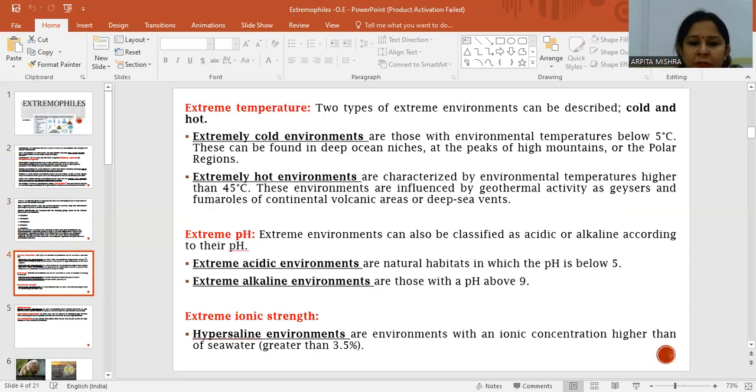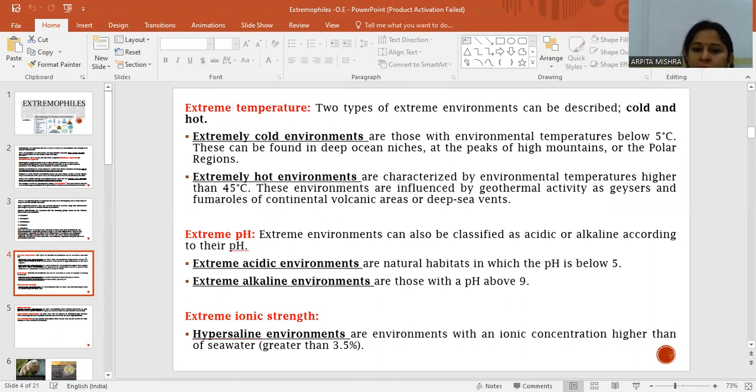So when we talk about extreme temperature, two types of extreme environments can be there, cold and hot. So in extremely cold environments, there are organisms which can survive in cool environments, and those are known as cryophiles or psychrophiles. So these are organisms which can survive at environmental temperature below 5 degrees Celsius.